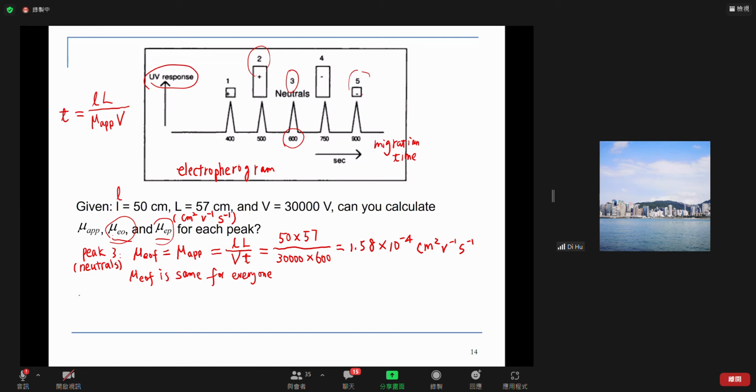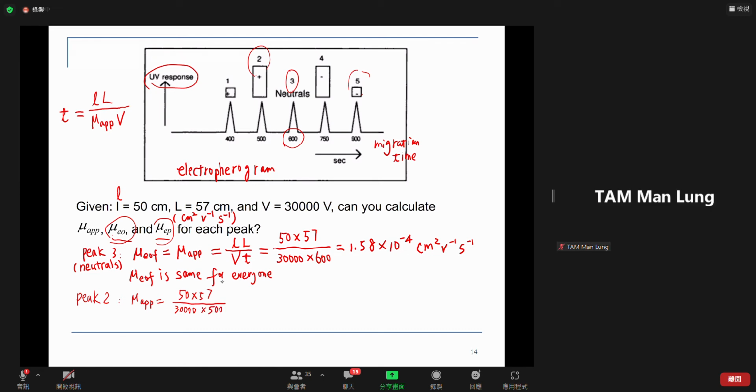If we're talking about peak 2, we can calculate the apparent mobility. It's easy, we just put that in: 50 times 57 divided by 30,000 times 500.